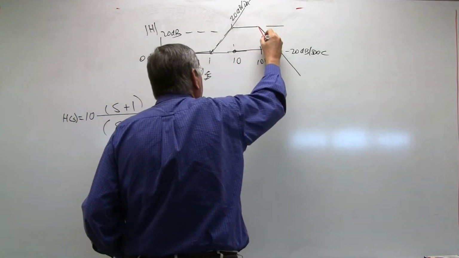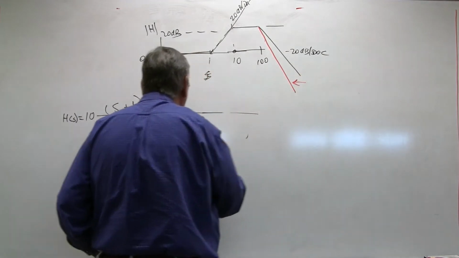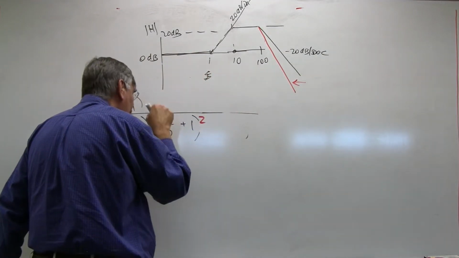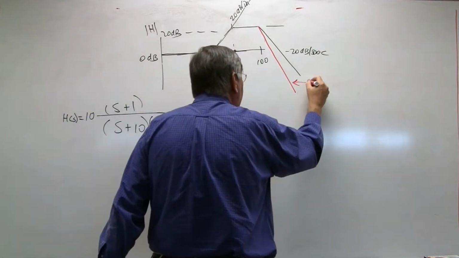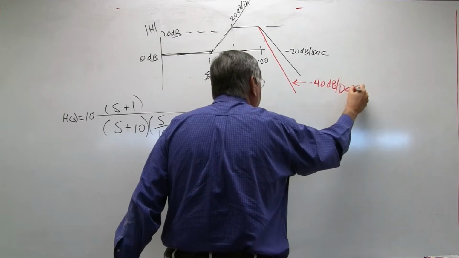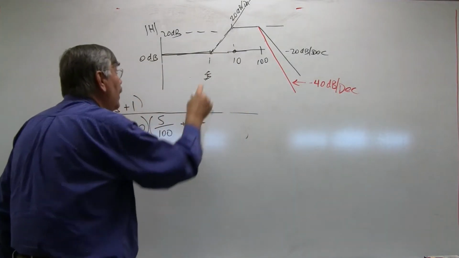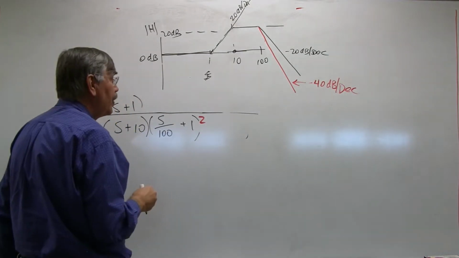So when we get to 100, we started out with 0 slope, and now we're going to be proportional to omega over 100 quantity squared, which is actually minus 40 decibels per decade. Okay? So we were flat, and now we add double as much slope.